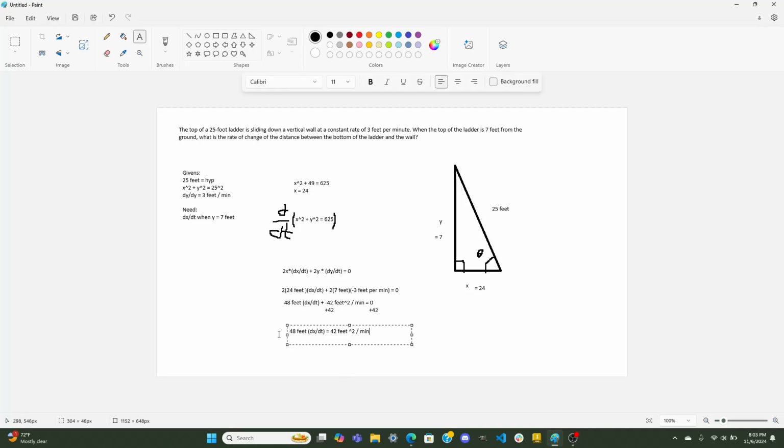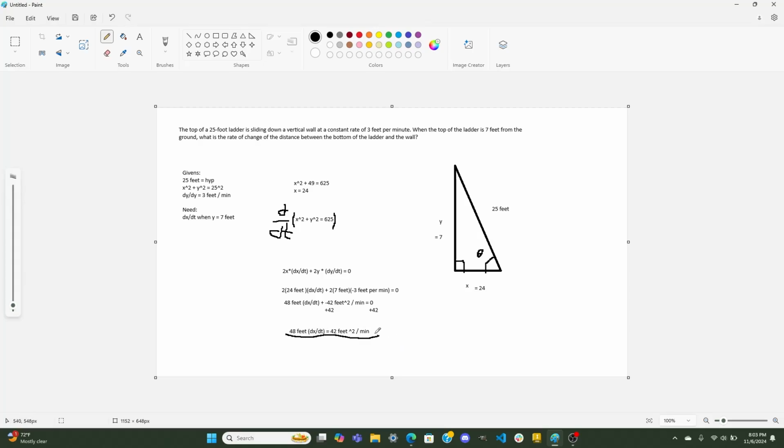So now we can finally finish off by dividing both sides by 48. I should probably use a pencil tool so that it's easier to read. Okay, that'll work. So now we divide both sides by 48 feet.